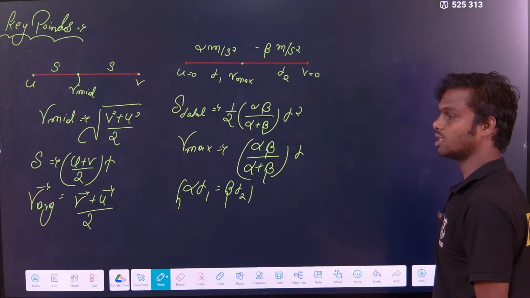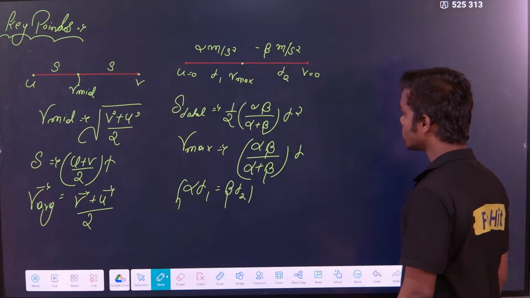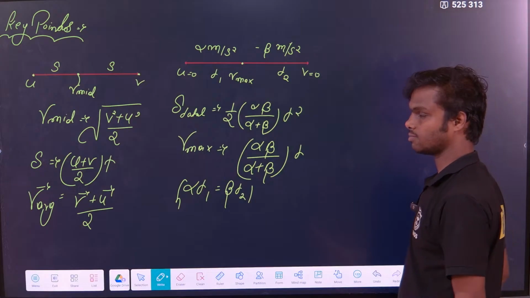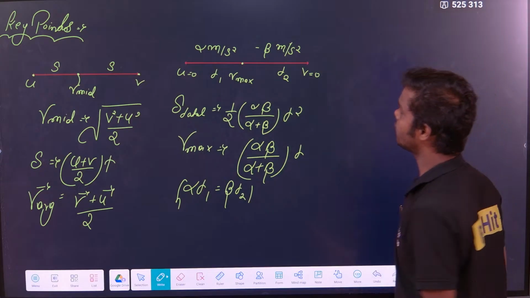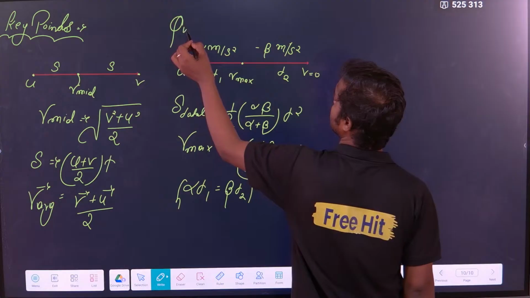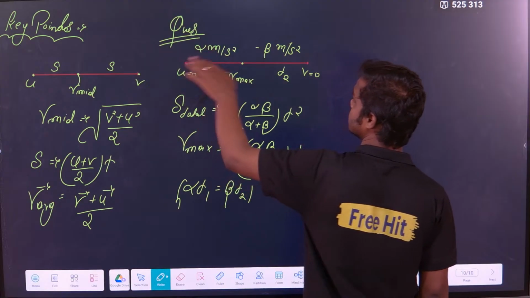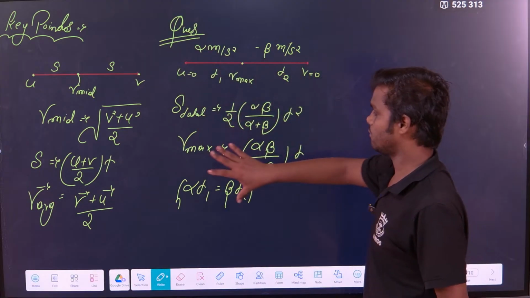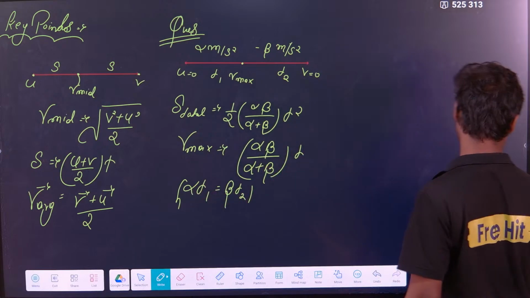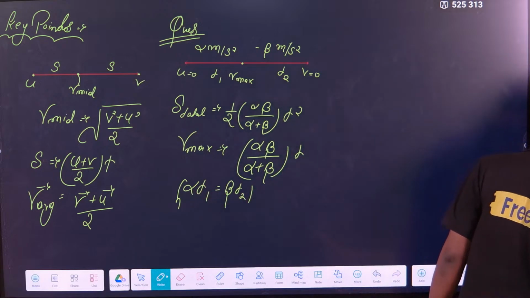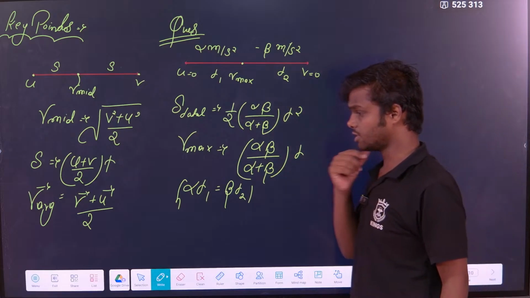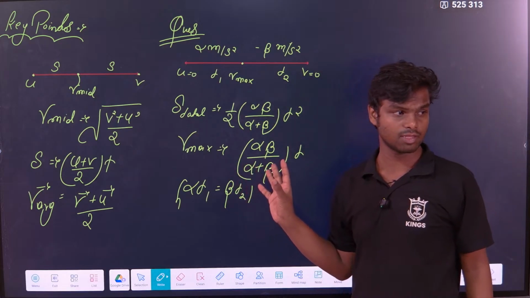Are you getting my point? Anything else? So this is a very famous question. This is the question statement. They will ask you s total, v max, and the relation between alpha, beta and t1 and t2. These are the famous questions they can ask with respect to this.